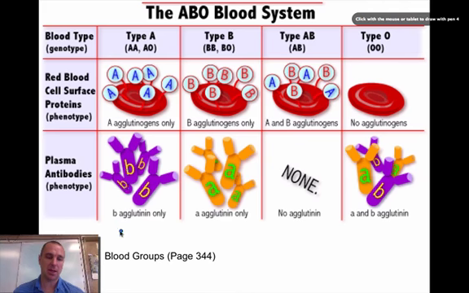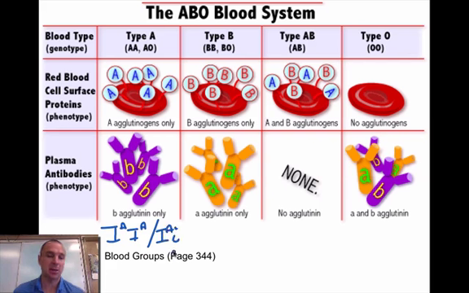They can either be homozygous, which we would write as capital IA, capital IA, or they can be heterozygous, capital IA, little i. Now, if you have A blood, you have what's called A antigens on your blood cell. So your body recognizes A blood cells as being its own.